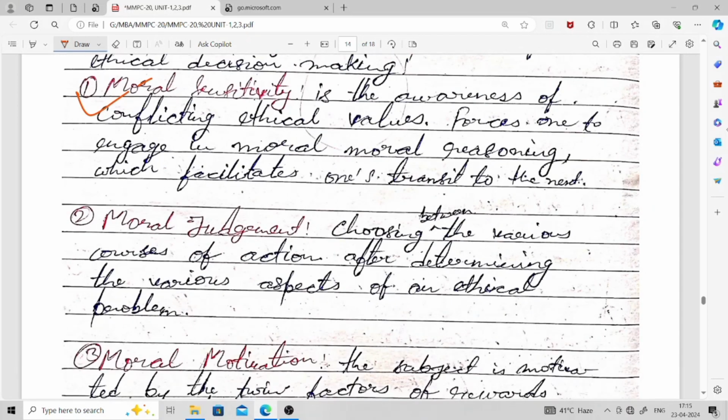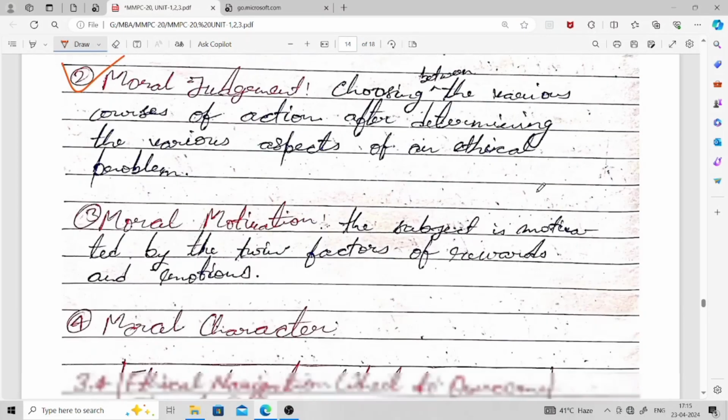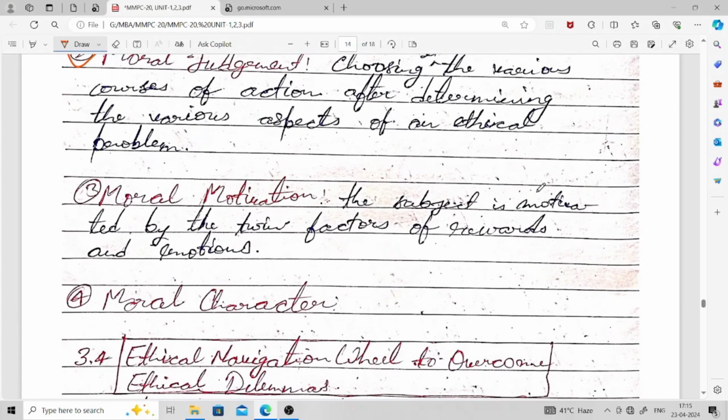Moral judgment is choosing between the various courses of action after determining various aspects of an ethical problem. And then you have moral motivation, meaning the subject is motivated by the twin factors of rewards and emotion.